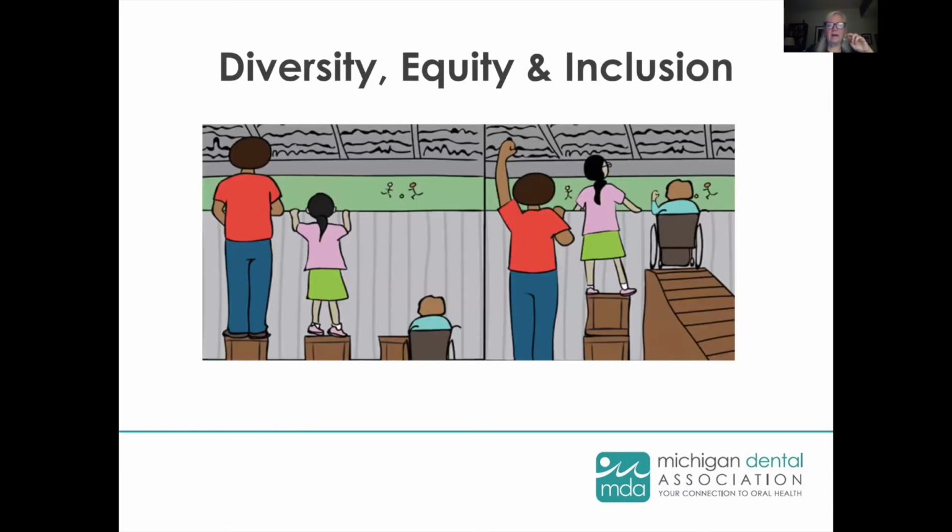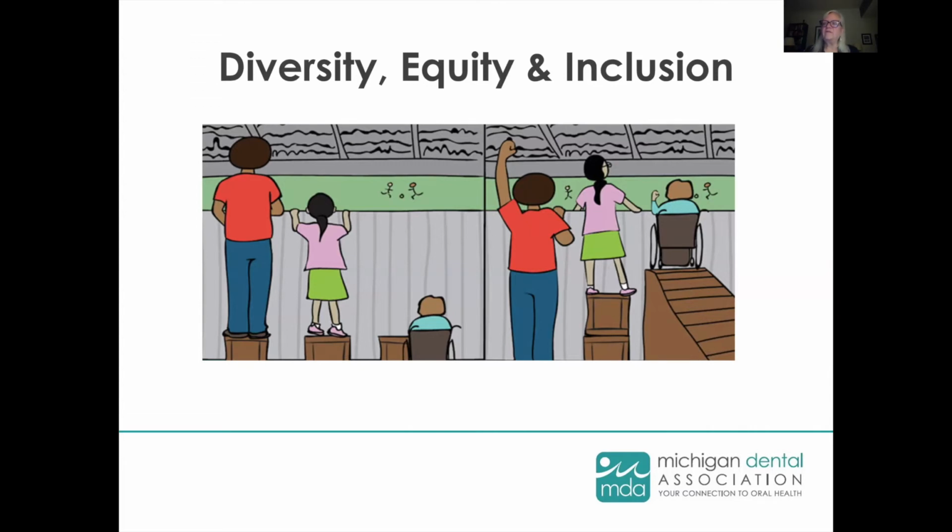Talking a little bit about good governance, there is definitely a commitment to diversity, equity, and inclusion. And I will tell you that the equity part is something that we continue to learn more about. I put this picture up here for everybody to see because one of the hardest things, I think, for any organization or any person to understand is the difference between equity and equality.